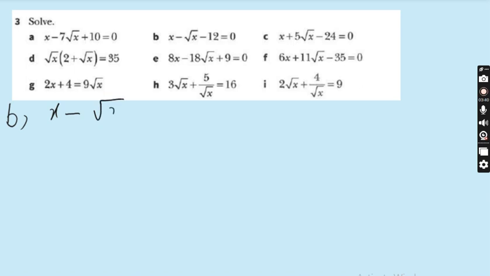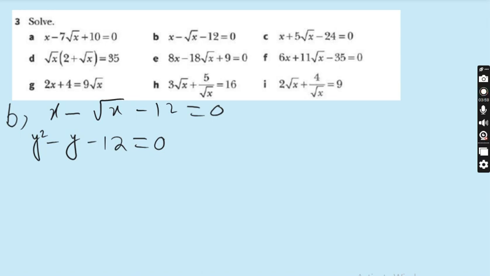X minus root x minus 12 is equal to 0. Again we apply: let y be equal to root x, so x means y square, minus y minus 12 is equal to 0.